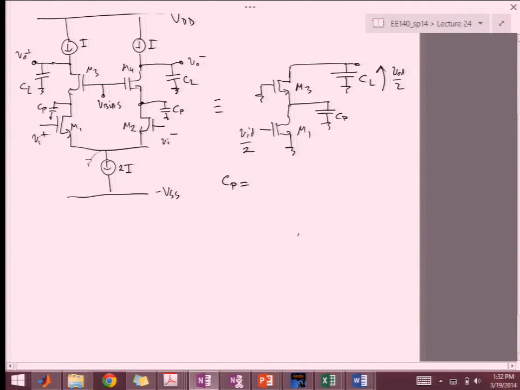CP in this case is, for example, CGS3. So that's this capacitance over here because the gate is at ground. It's also CDB1 and CSB3, but it's approximately CGS3.